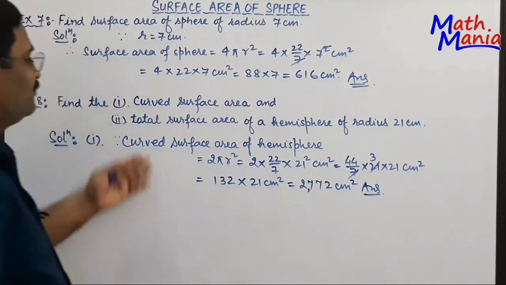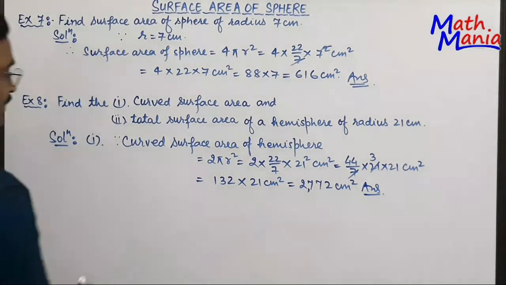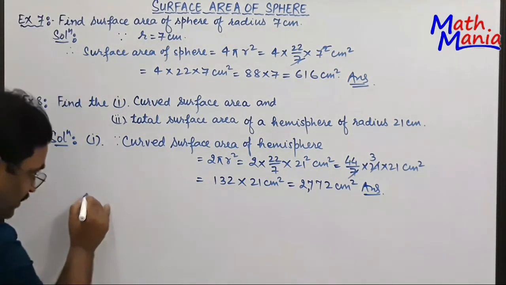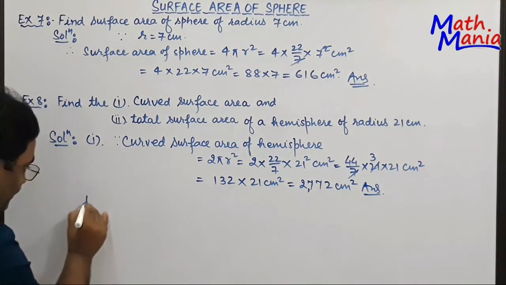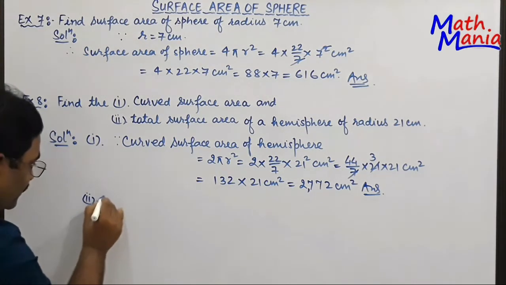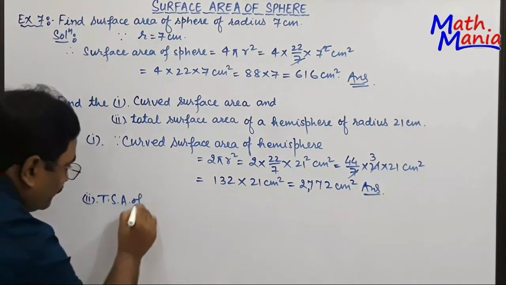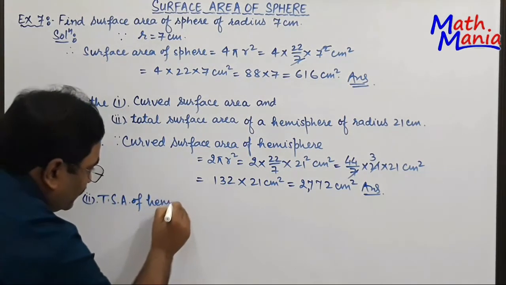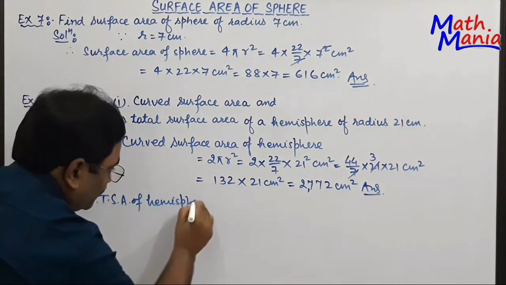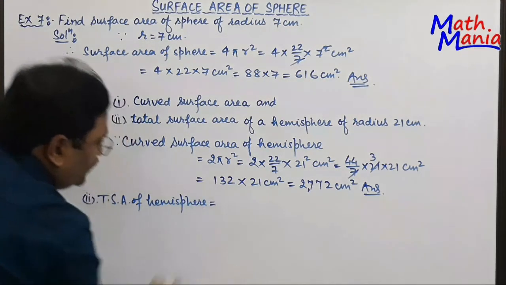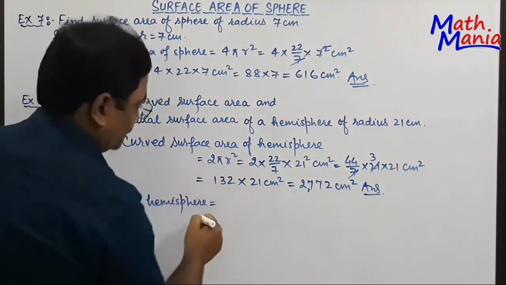Second, we have to find out the total surface area of the hemisphere. So for the total surface area of hemisphere, the formula is 3 pi r square.